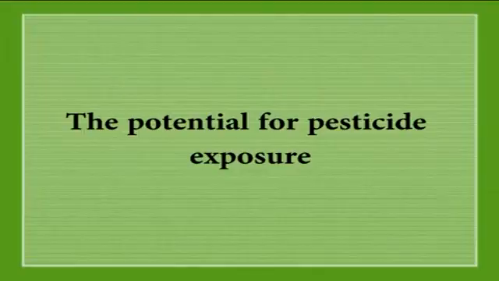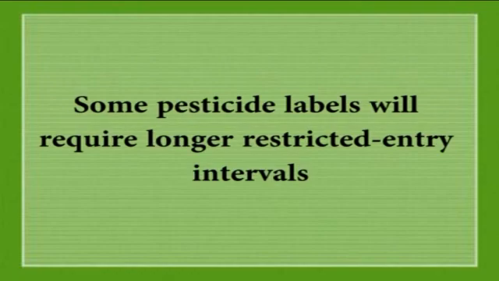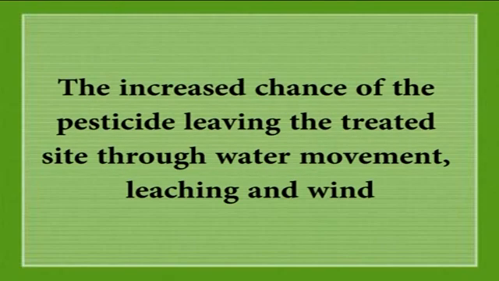Undesirable features of persistence include the potential for pesticide exposure. Some pesticide labels will require long restricted entry intervals, and there is an increased chance of the pesticide leaving the treated site through water movement, leaching and wind.